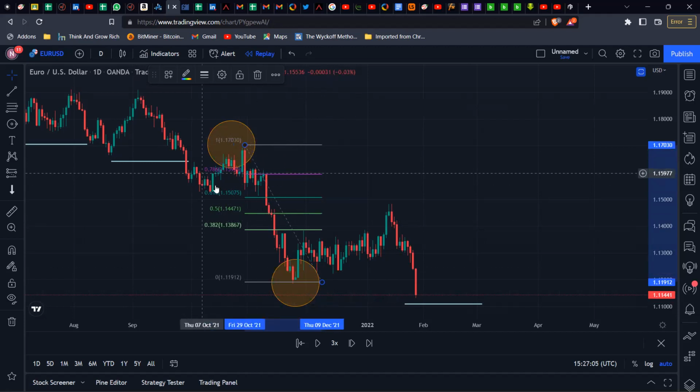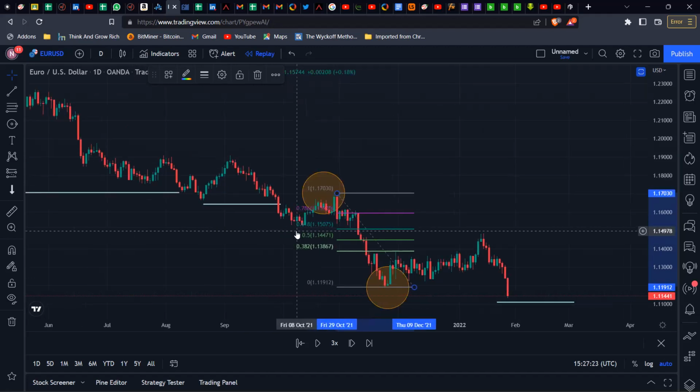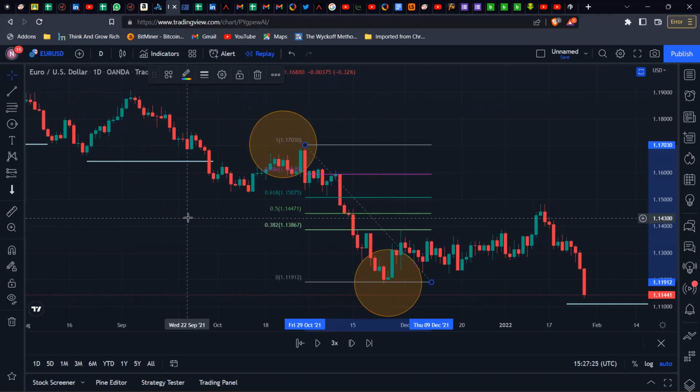So as price is coming down, we broke down here, we draw our Fibonacci. The moment price begins to pull back and make a move higher, against the direction of the trend, we then use our Fib to figure out our Fib levels.